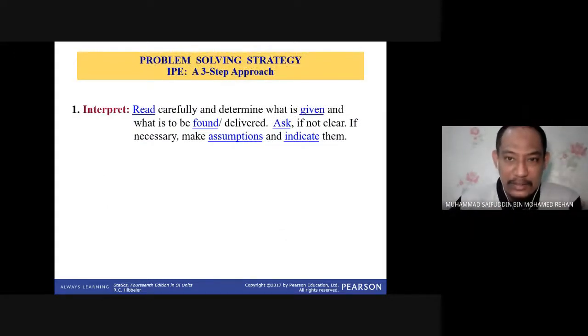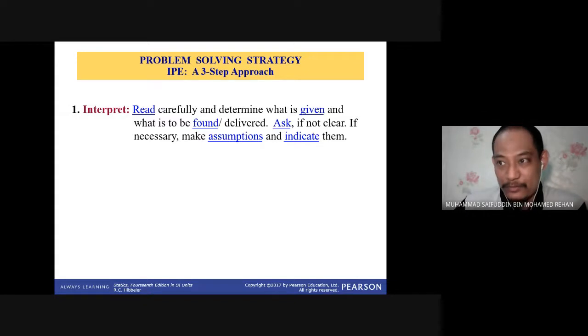Okay, in terms of problem solving strategy, do not worry about memorizing this. We will not ask you what the first step is. This is just the idea that you should understand how we work as engineers. First, you interpret.